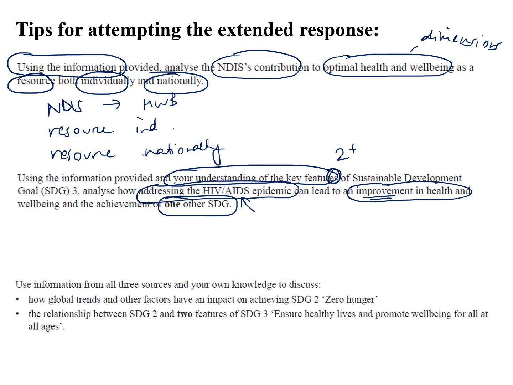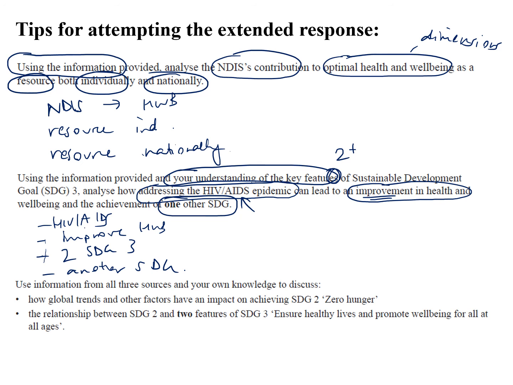Okay, so I would be using the information to talk about how HIV/AIDS can be addressed, how decreasing HIV/AIDS can improve health and well-being globally. I then need to link to 2 features of SDG 3 minimum, and then I need to link to another SDG. Okay, so lots to do there.